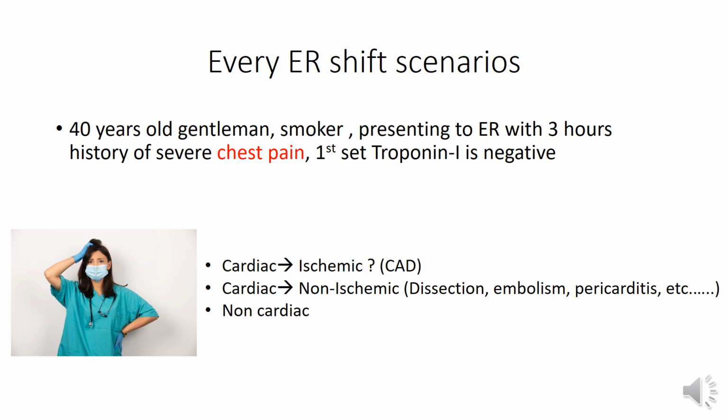His first set of troponin is negative. So, is this patient cardiac and his pain ischemic, or might he still be cardiac but with non-ischemic pain, like that caused by dissection or embolism or pericarditis, or might it be non-cardiac at all?